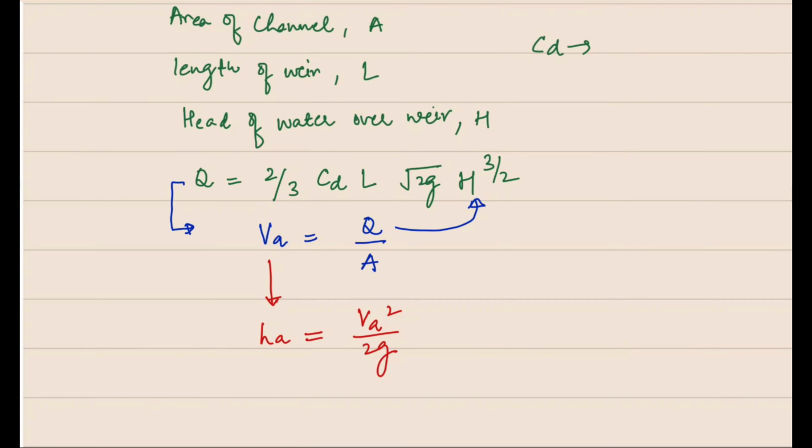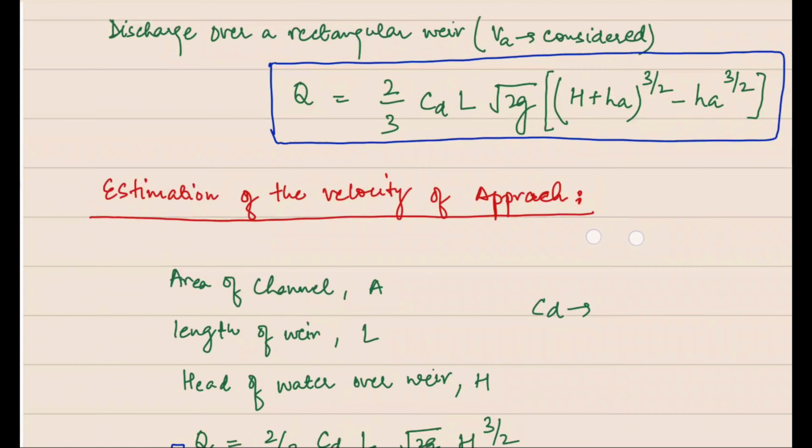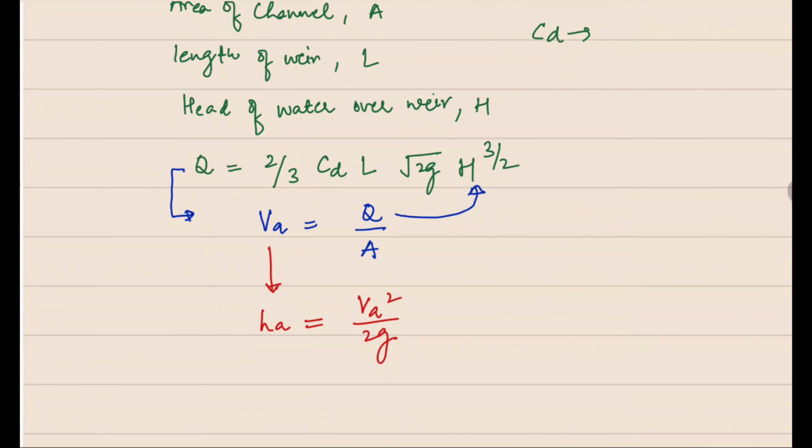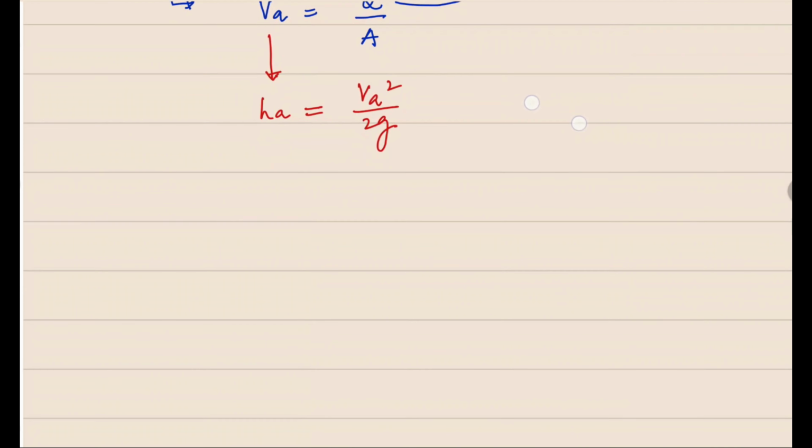So let's say this is your equation 1 and this is your equation 2. In equation 1, the expression of HA is involved. Now we will use equation 1 with the known value of HA so far.